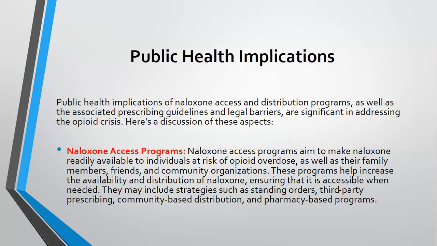But now, naloxone access programs aim to make naloxone readily available to individuals at risk of opioid overdose as well as their family members, friends, and community organizations. These programs help increase the availability and distribution of naloxone, ensuring that it is accessible when needed. They may include strategies such as standing orders, third-party prescribing, community-based distribution, and pharmacy-based programs.